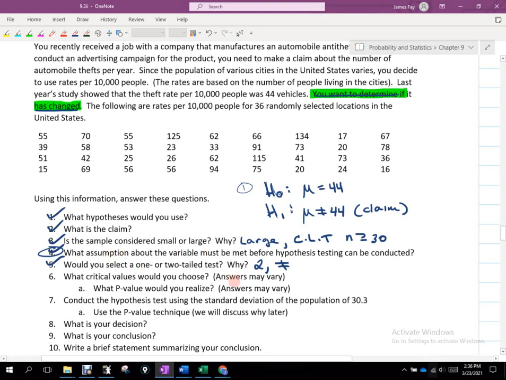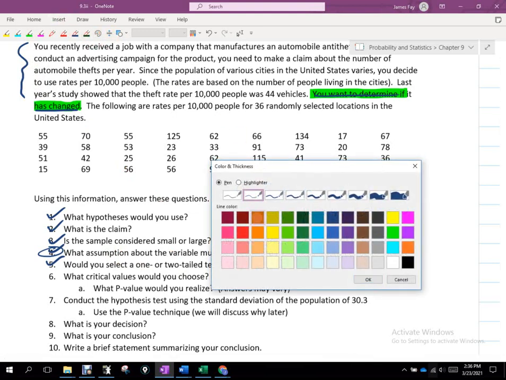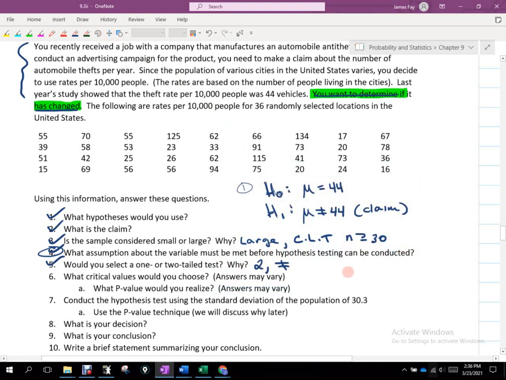And here I said answers may vary. Nowhere in this problem does it tell me how to choose my critical values. Remember, critical values are predicated off of a level of significance. And nowhere in the problem does it tell me a level of significance. Does that make sense? I did that intentionally so that when we are done with the problem we can make some arguments.